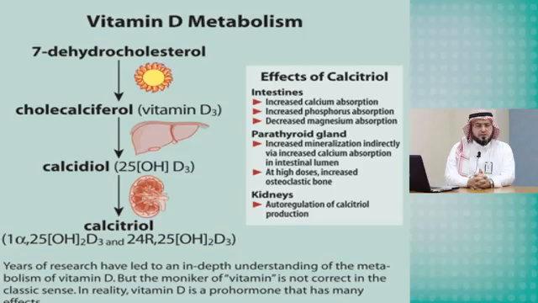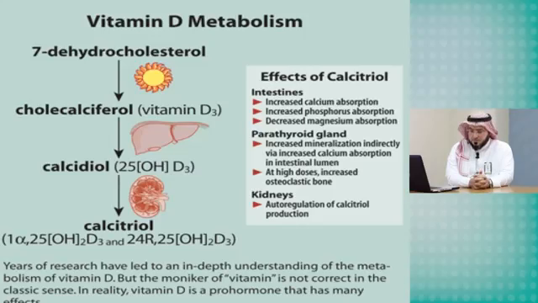By the end of this hydroxylation, we'll have two compounds. One is called 1,25 dihydroxy vitamin D, which is the most important and most active compound, and the other one is 24,25 dihydroxy vitamin D, which has no clinical significance so far. When we have 1,25 dihydroxy vitamin D3, this compound reacts with the vitamin D receptors.